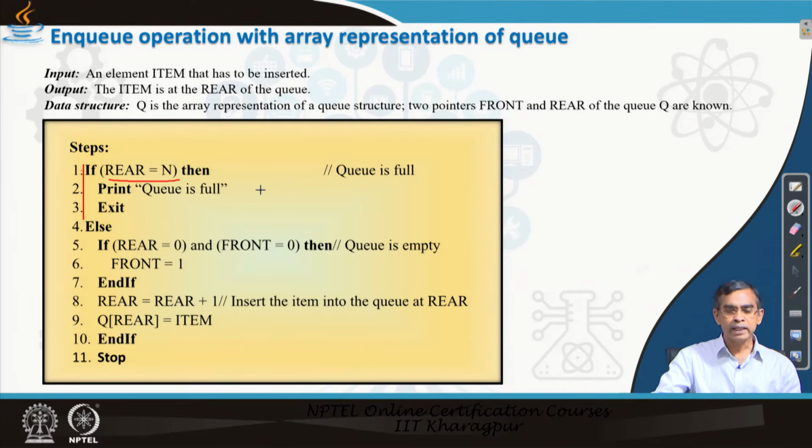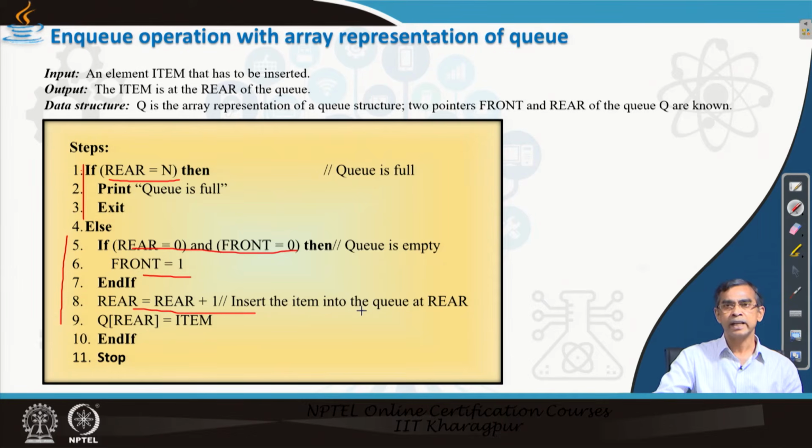Now, if it is full, then definitely the enqueue operation will fail, otherwise this is the operation that you can do. If rear equals 0 and front equals 0, this expresses one extreme condition, that the queue is empty. In this case front is set to 1 and rear to 1, because an element is inserted. Once you do the insertion, front will be 1 and rear will be incremented by 1.